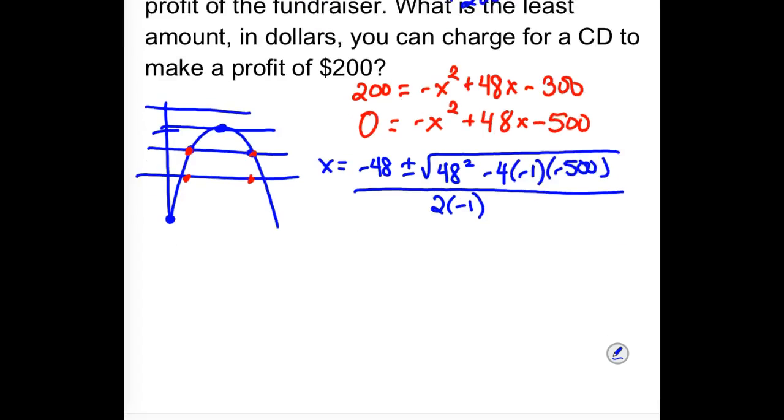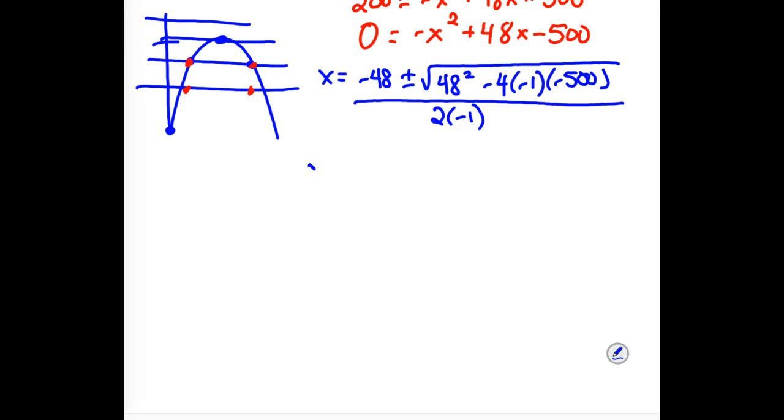Now, we have to do some simplifying. And before you start looking at your calculator, I want to talk about how we're going to type this in. So under my square root, I have 48 squared. What do I get for 48 squared?